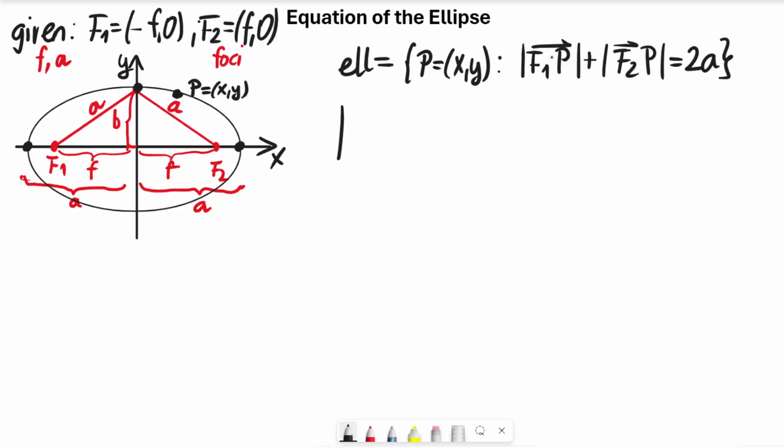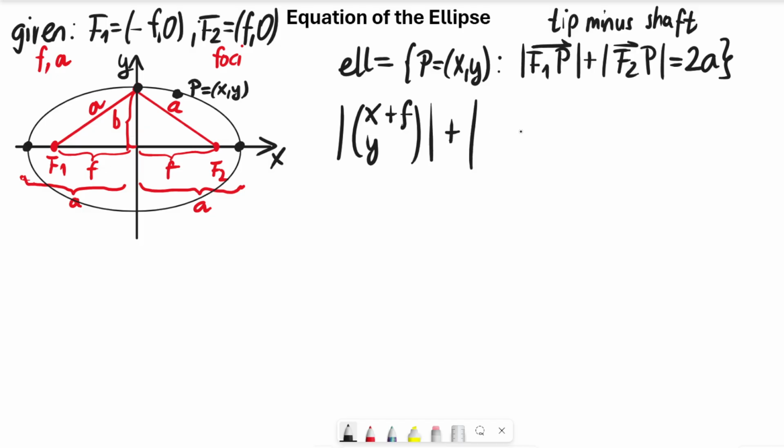So we go on. You know the rule here, tip minus shaft. So it's P minus focus F1. The P point is x, y. And the first focus has coordinate minus f, so minus minus f is plus f, and the other coordinate is 0.